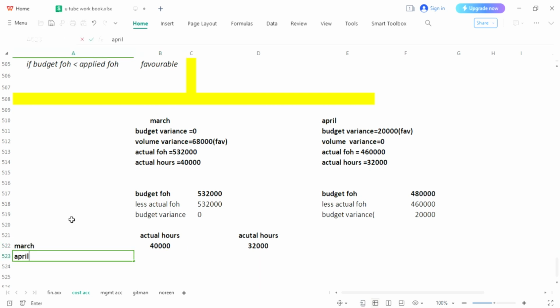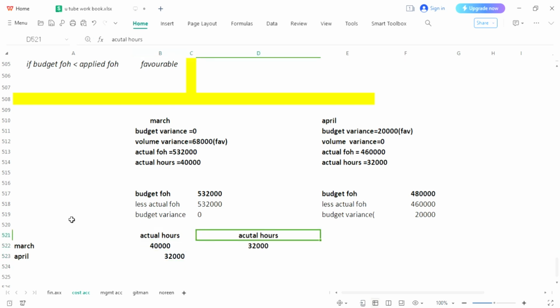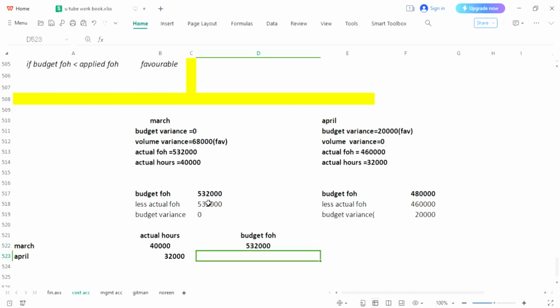For April, this was 32,000. Okay, and now we will be looking for budget FH. For March, how much? This budget FH was calculated indirectly: 5,32,000. And in April, budget FH was calculated as 4,80,000.